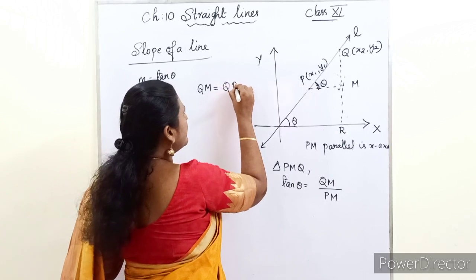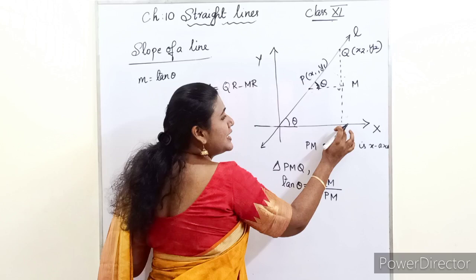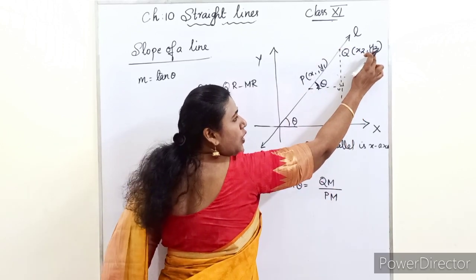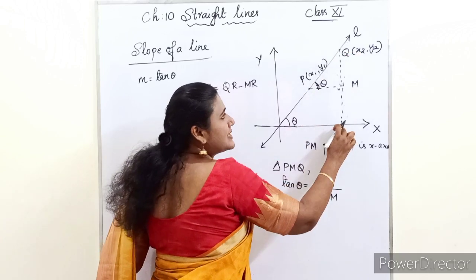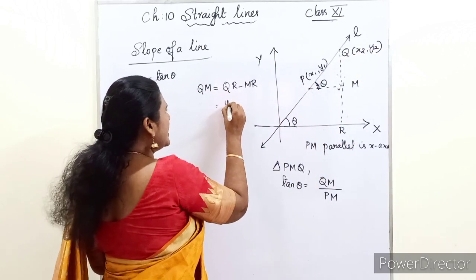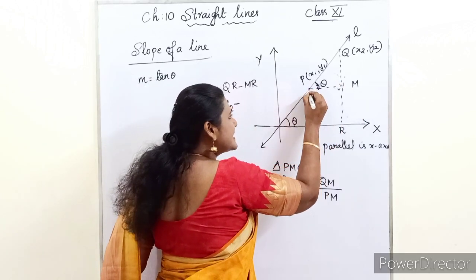So QR minus MR. So what is QR? Actually QR is this distance, okay? So the y coordinate of the point, QR is nothing but the y coordinate of the point Q, that is y2, minus MR. MR means this distance only.